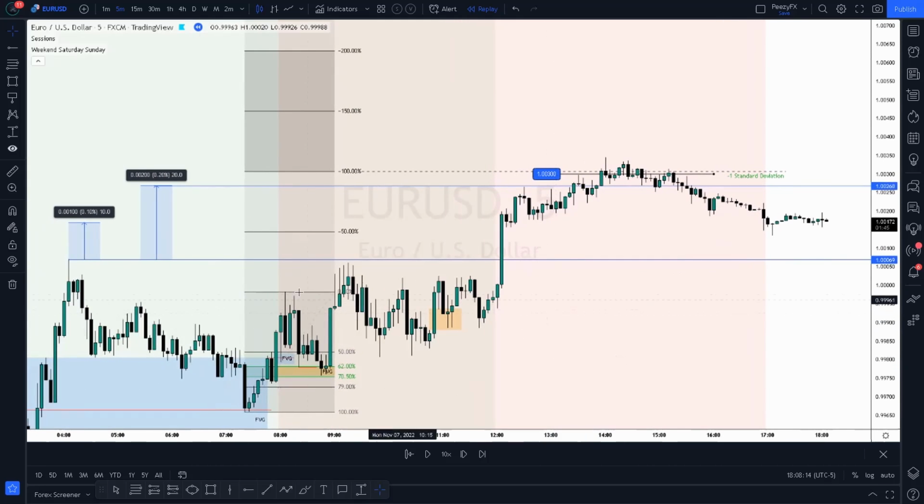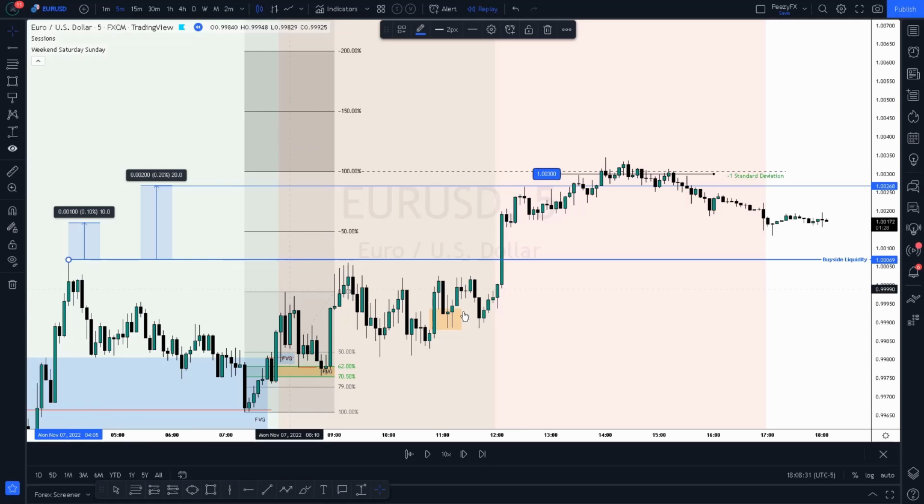So what I did was I used this fib as like a confluence. I want to see how price reacts from specific levels above where liquidity is resting. In this case, this is our buy side liquidity. This is our next draw on liquidity.